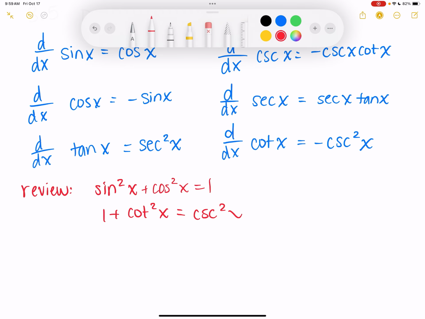And tangent squared of x plus 1 is equal to secant squared of x. Other trig identities will probably be useful as well, but a lot of times these are the ones that people forget, so I like to review those ones.